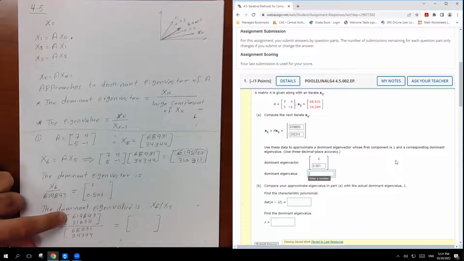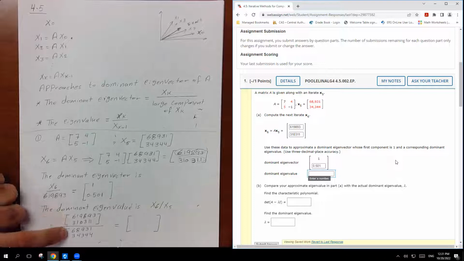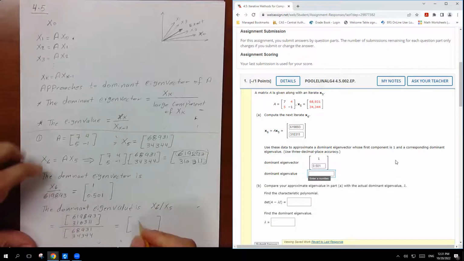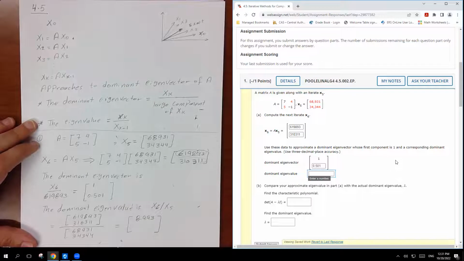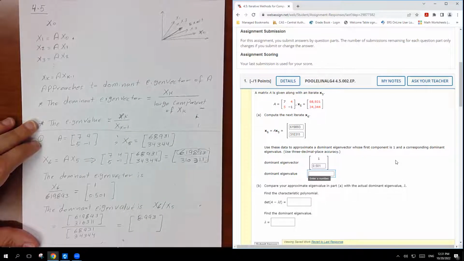You can divide 619,893 by 68931, and it's going to be 8.9929, so it's going to be 8.993, because they ask you to write down 3 decimal places accuracy. Okay.